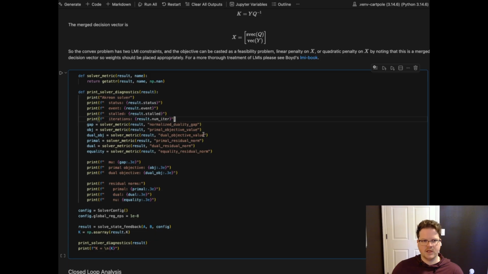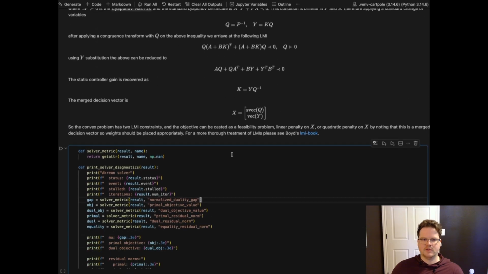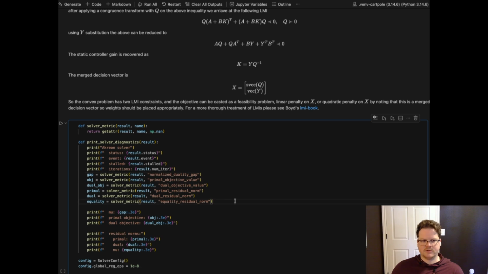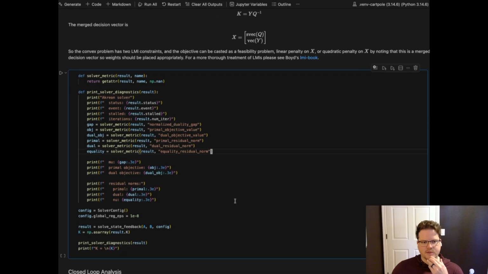That's super nice in comparison to a gradient descent, which can be much longer because it doesn't have that Hessian, the curvature of the problem. And then for equality here, I don't think we have anything. We don't have any null space requirements here, so this is just going to be 0 pretty much.